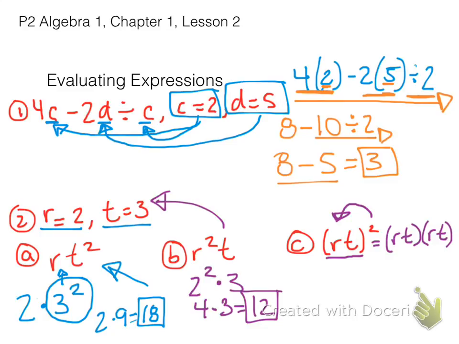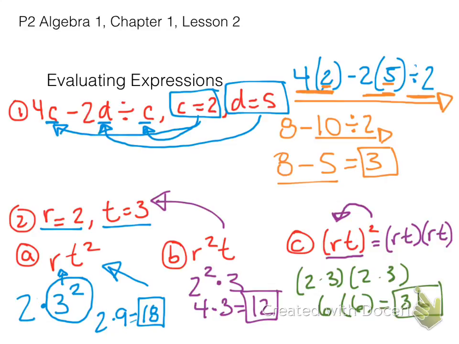Now I need to replace the letters with numbers. So it's 2 times 3 times 2 times 3. 2 times 3 is 6, and I've got 2 of those, so it's 6 times 6, which is 36. Again, don't forget to box your answers.